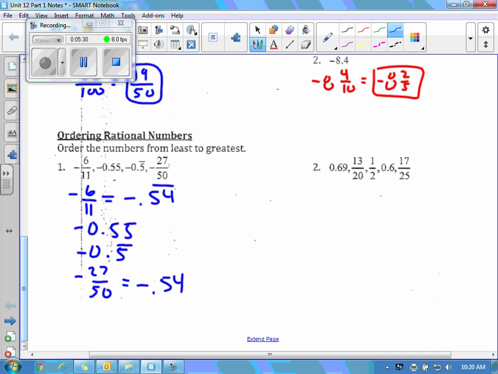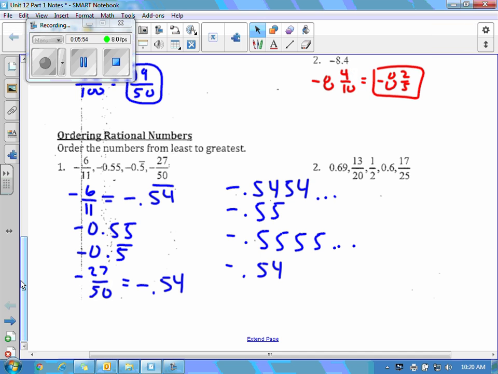So I need to put these in order from least to greatest, and I'm working with negatives. I have negative 0.54 repeating, negative 0.55, negative 0.5 repeating, and then negative 0.54.